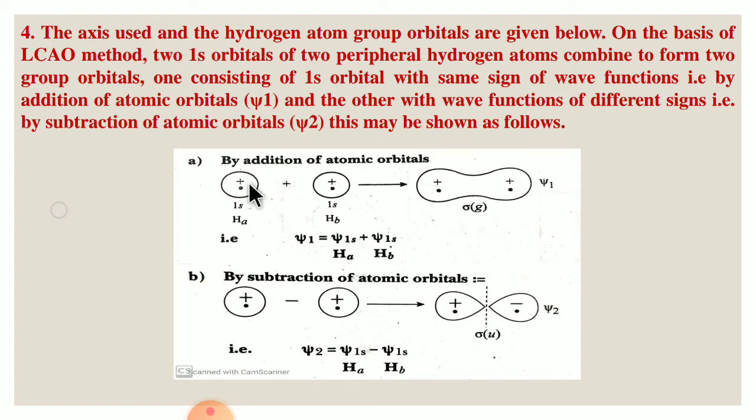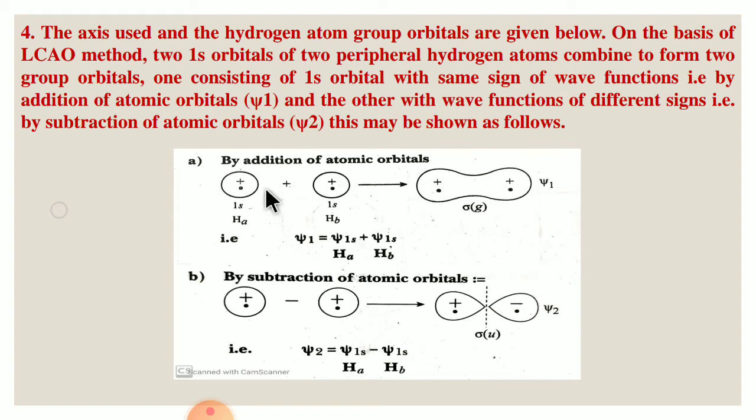They combine together by addition of atomic orbitals and form sigma gerade, that is the Psi1 ligand group orbital. The other, with wave functions of different sign, that means negative sign, by subtraction of atomic orbitals forms Psi2. This may be shown as follows.